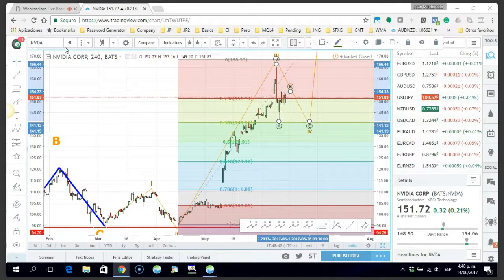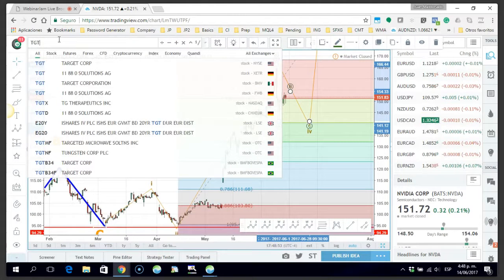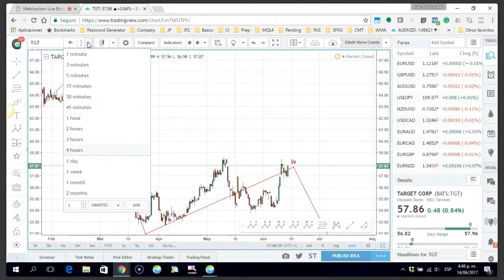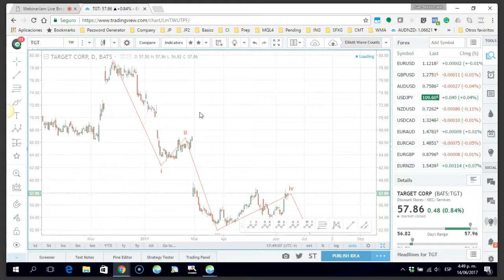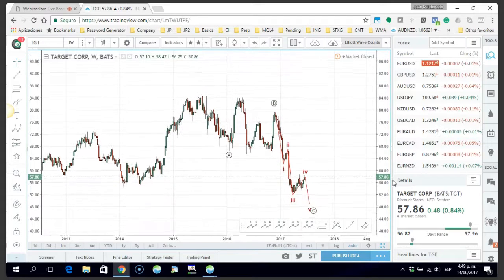Very good. And the other stock that we're going to check today, that is another one of the ones that we are closely watching and finding the following trade, is TGT, Target Corp. Let's go to a higher time frame for a second, like a weekly chart, because here we have something really important.